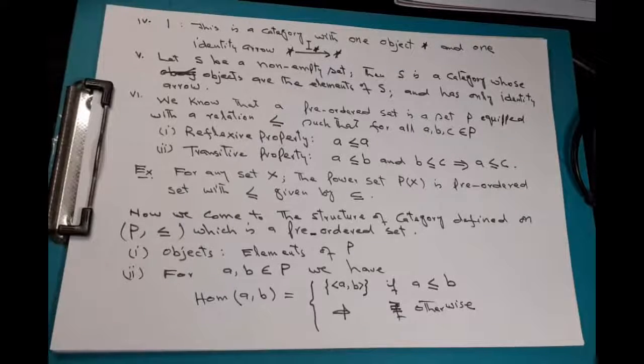Different books use different notation for representing this particular morphism, but I think it will be slightly convenient to write it in this way. So this is a morphism from A to B if A is related with B. This is the symbol for that morphism. So this is a very convenient notation. So this is the way we define hom sets.